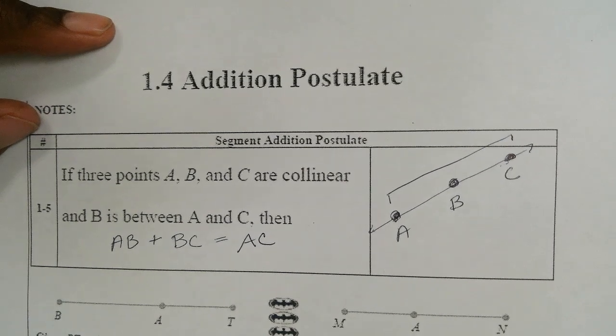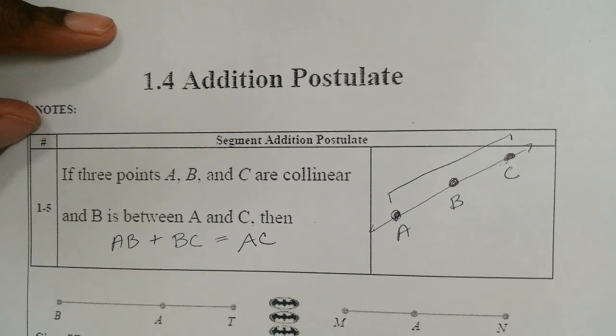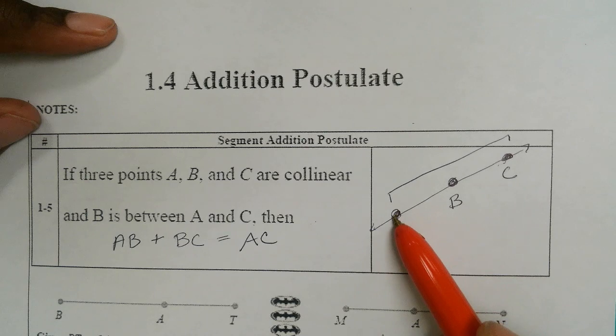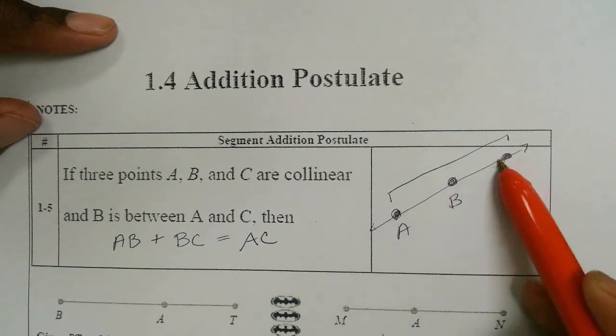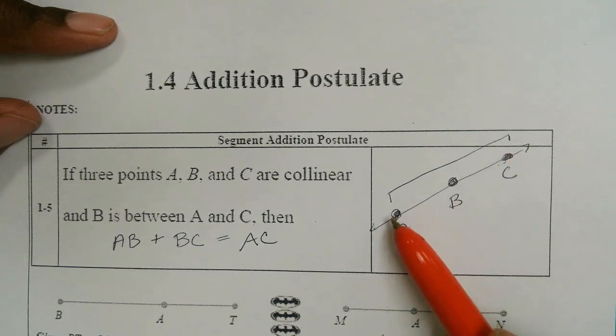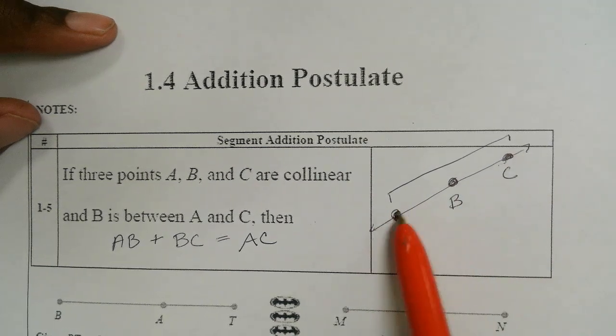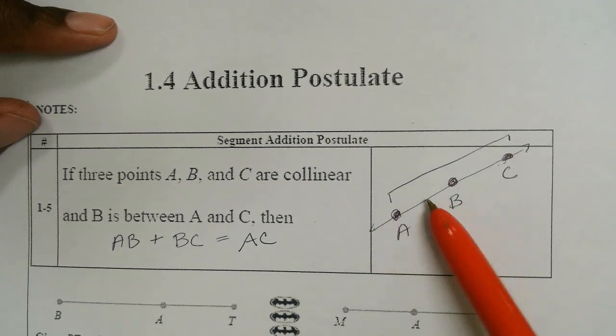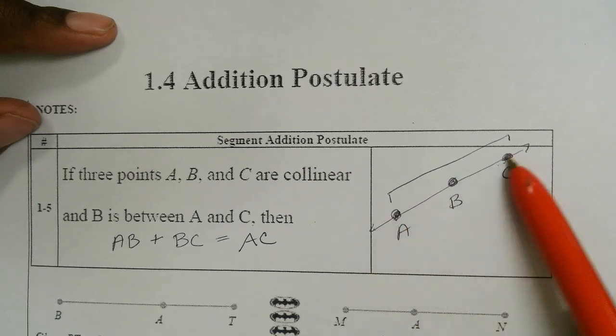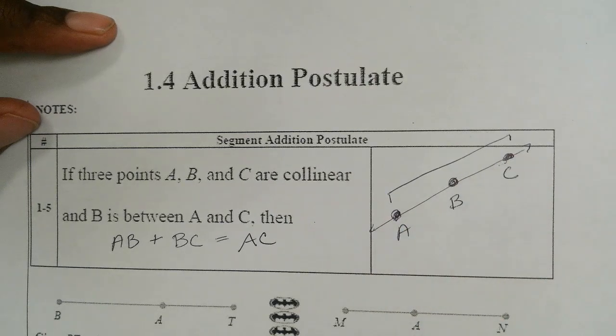So my segment addition postulate says AB plus BC equals AC. If I have a point in between two points of a segment, I can add the two segments together and it equals the total.